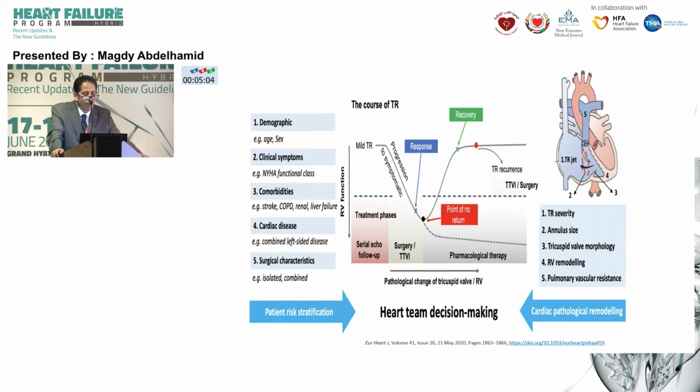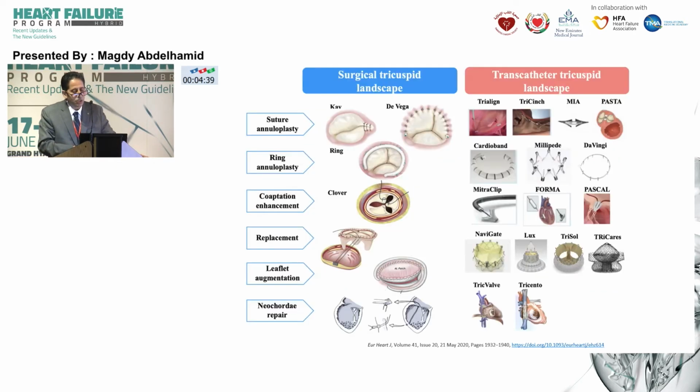Also cardiac disease, whether there is combined left-sided disease or not, because TR is usually secondary to left-sided heart disease, and surgical characteristics like isolated or combined tricuspid regurgitation. Then cardiac pathological remodeling, which usually happens when severe TR leads to a dilated ventricle and RV remodeling, and we have to look at the annular size, tricuspid valve morphology, the remodeling, and the pulmonary artery systolic pressure.